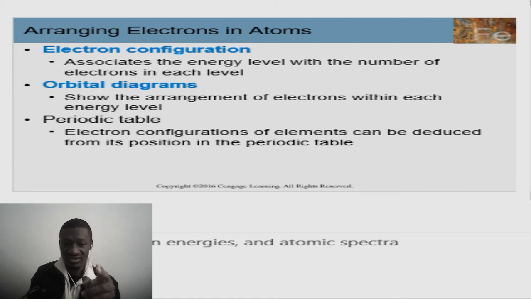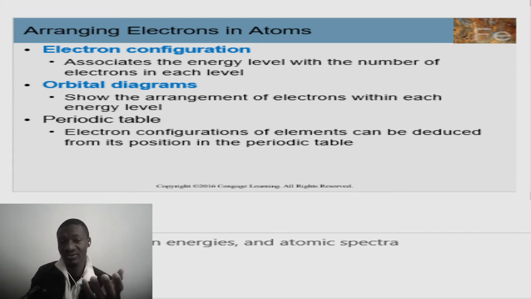So this associates the energy level with the number of electrons in each level. The way it works is that with every energy level, there is a particular number of electrons at that level. So it relates the two together, an association of those two just to make the settings of the electrons in the atom.